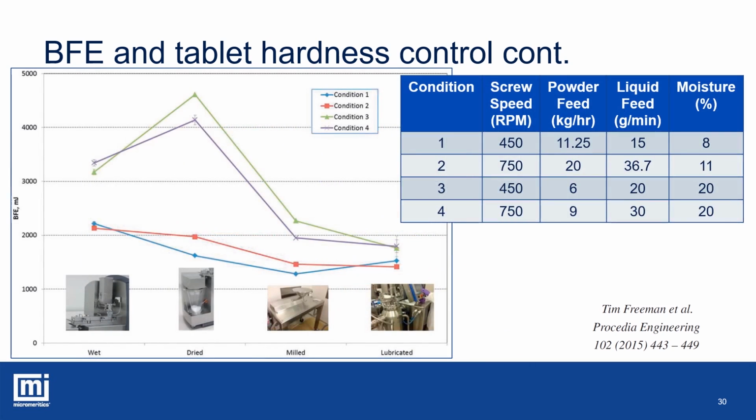I'll shift the graph over and I'll pull up a table that shows the processing conditions again. You can see that all the conditions are in fact very different. 3 and 4 are similar only in that they have the same moisture content, and yet they give remarkably similar granules. 1 and 2 are even more surprising, as there are no obvious points of commonality, and yet they still deliver similar granules.